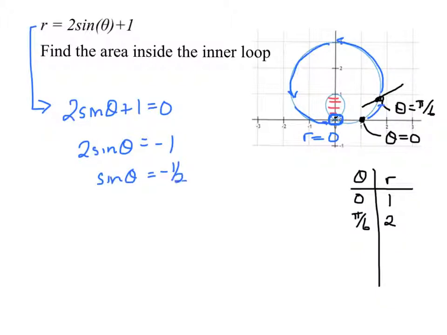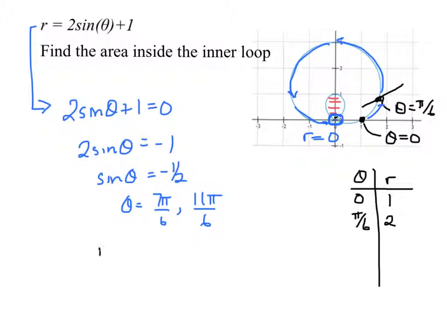And we know that sine is 1/2 at pi over 6. It's also 1/2 at 5 pi over 6, so it's negative 1/2 at 7 pi over 6 and 11 pi over 6. These are the two spots where this polar curve would have a value of 0.